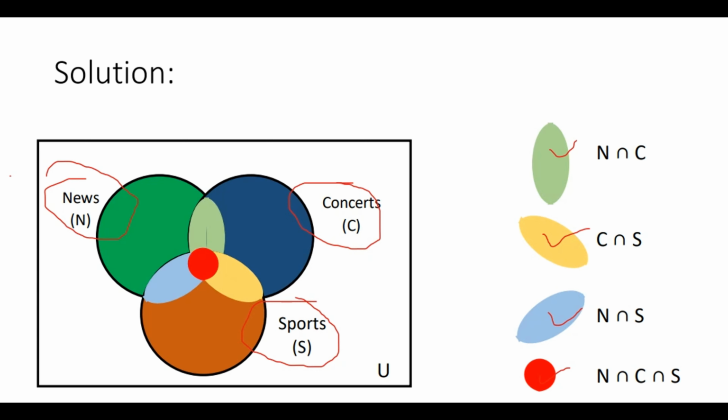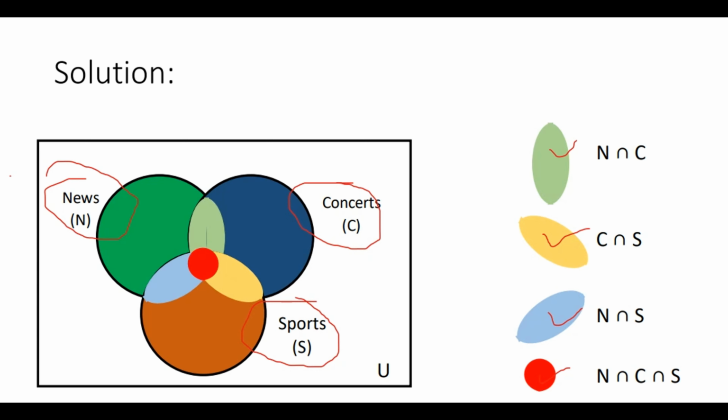So for the visualization, as in our previous problem, to solve the union, or the total number of students for this problem, we need to get the area. Using that method, it is evident that there will be intersections for the circles. For the news and concerts, which are represented by this.